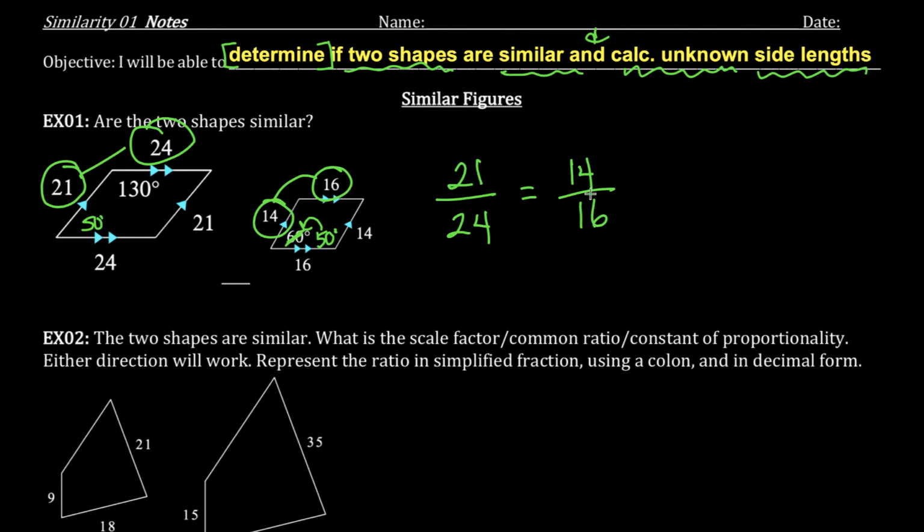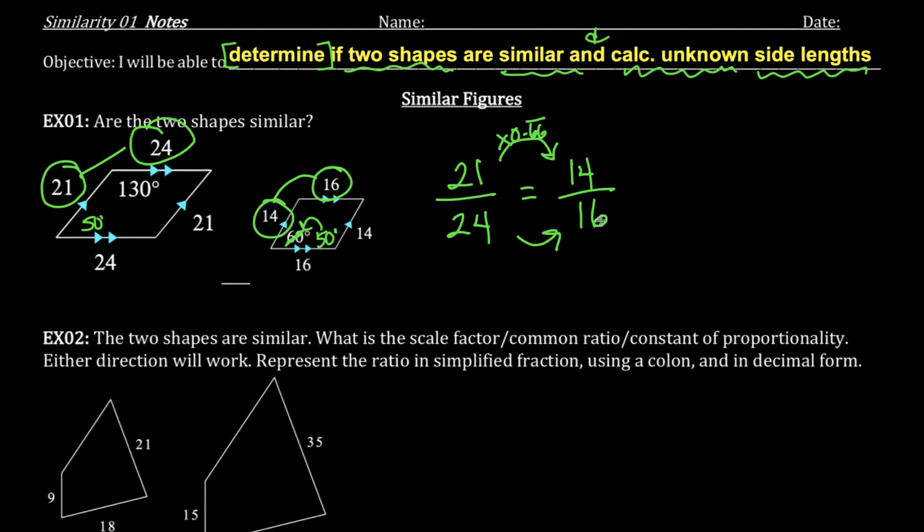All right, so right here, we need to figure out what we multiply by. So we do 14 divided by 21. Like I said, 14 divided by 21. So let me type that in. 14 divided by 21 equals 0.66 repeating. And then we just check to see if this is the same.